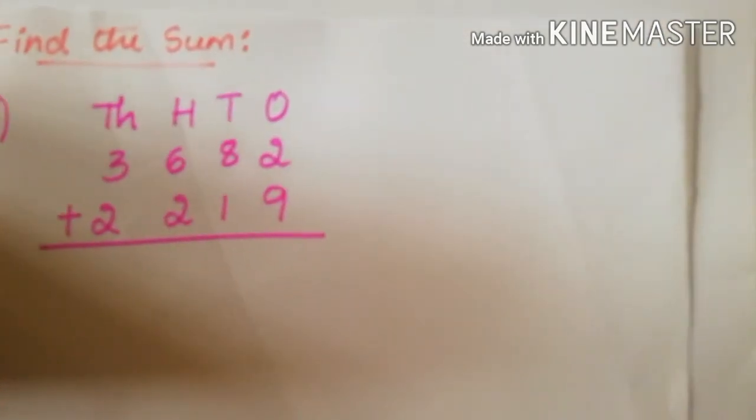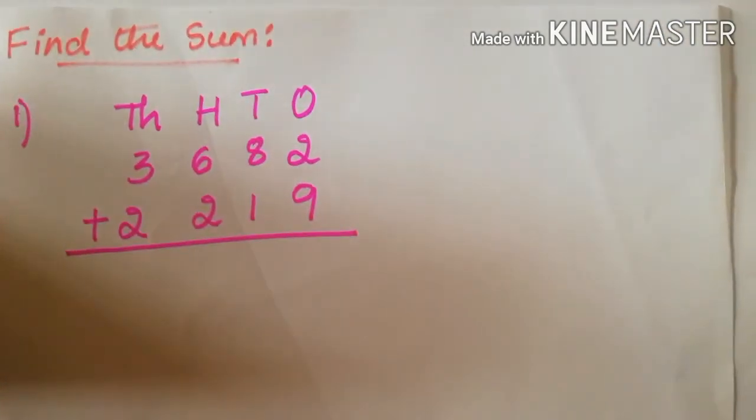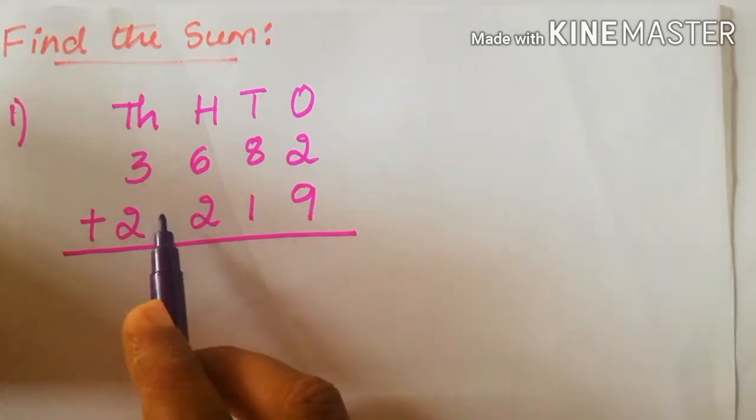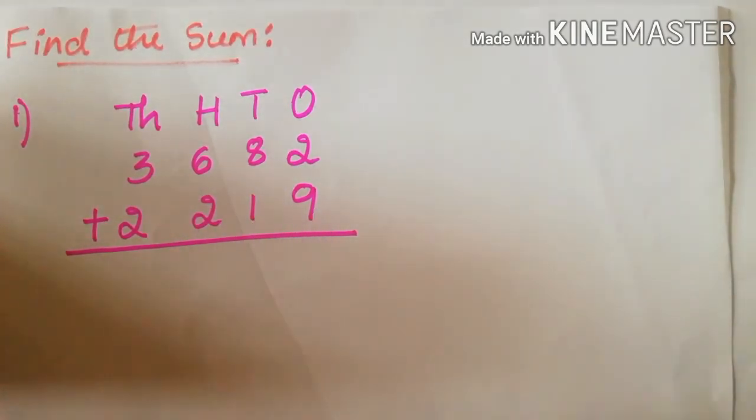Okay, students, now let us solve exercise problems. Okay, first question: find the sum. Thousands, hundreds, tens, ones. 3682 plus 2219. Now we have to add these two numbers.